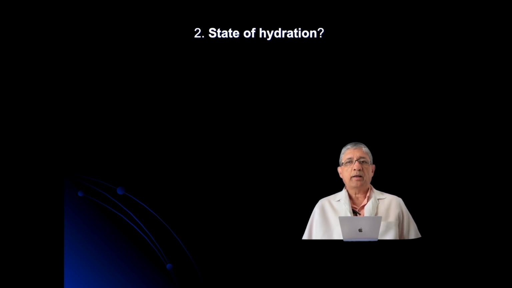What are the clinical parameters which will give you an idea about the state of hydration? Now that you know how to conduct general examination, go back and pick up the relevant points applicable to this question.